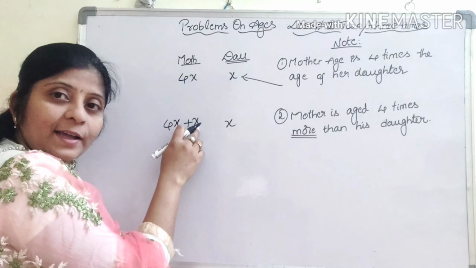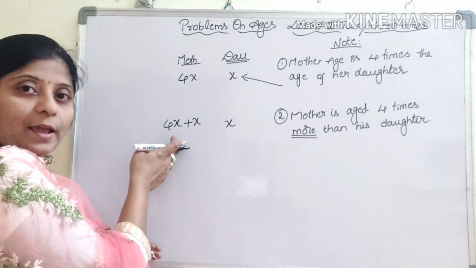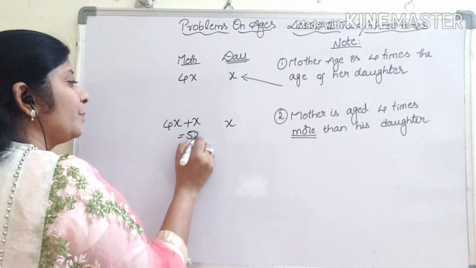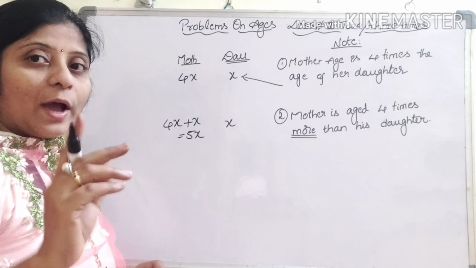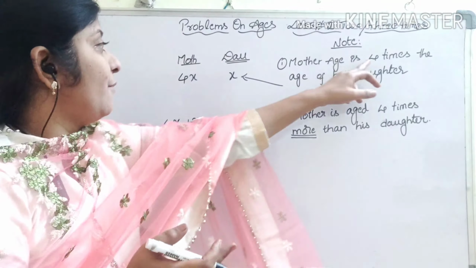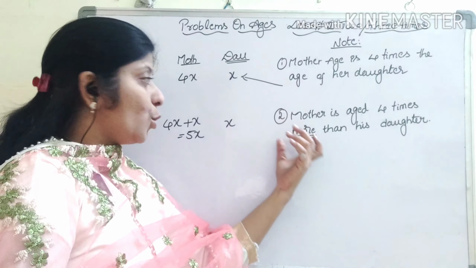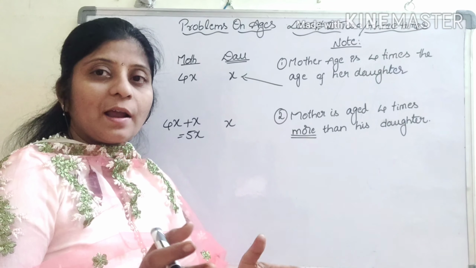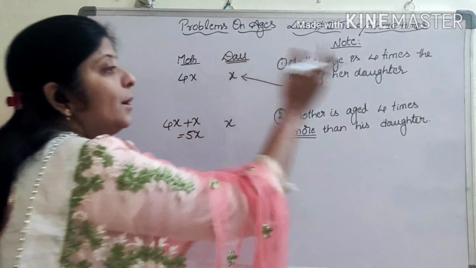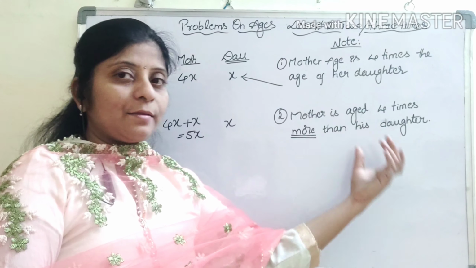So the mother's age is 4 times the daughter's age plus the daughter's age, so the total will be 5x. So, you have to be careful. If only the number of times is given, you have to multiply. If the number of times and more than are given, you have to add that number of times to the daughter's age, or whatever they give in the exam.